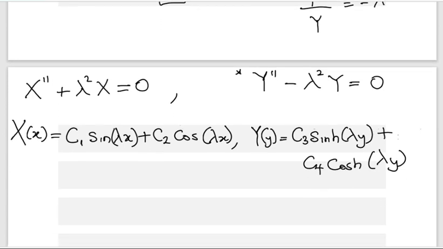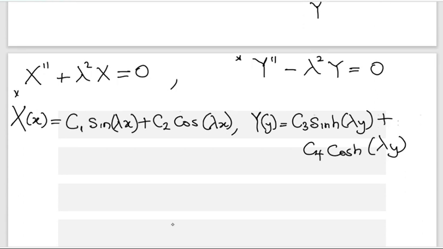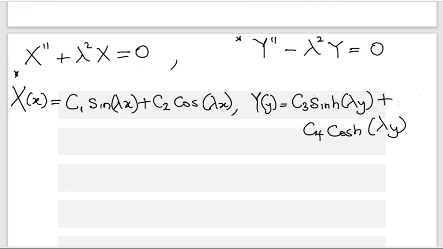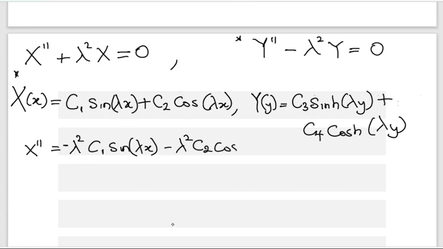And if you have any doubt about this, I'm just going to prove that this is actually correct, just one of them. So what is x double prime? This is simply negative lambda squared c1 sine lambda x minus lambda squared c2 cosine lambda x. And what is lambda squared x?